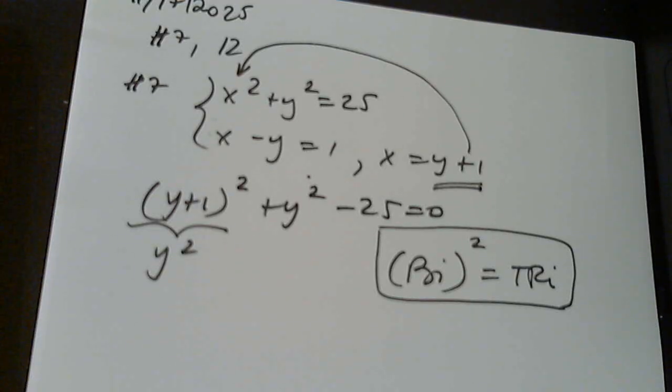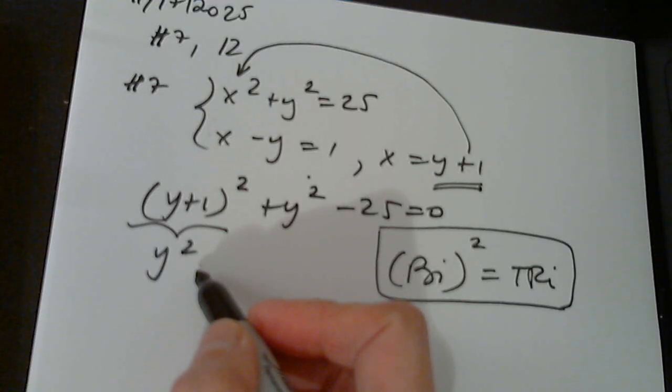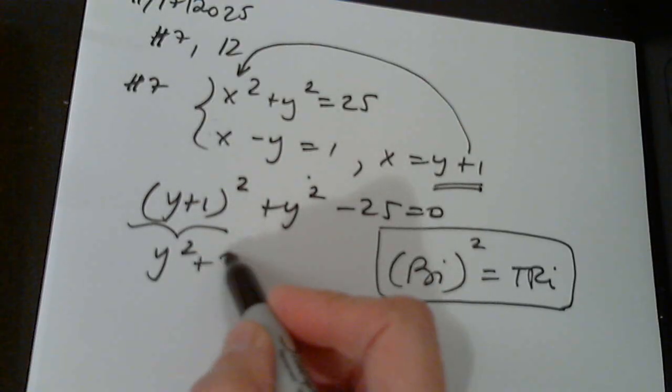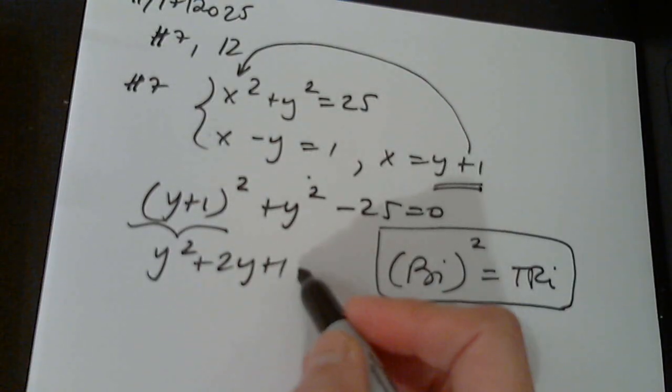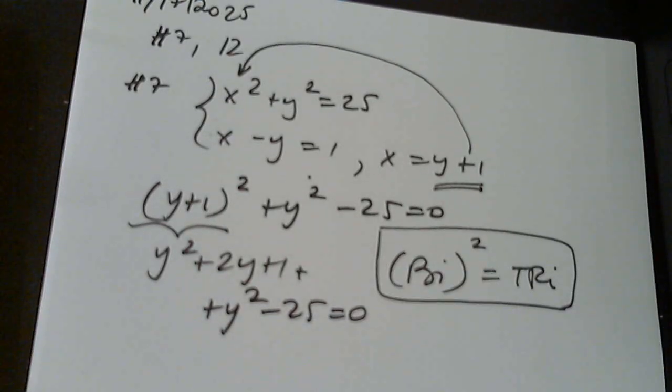Please, anyone? Is it y squared plus 2y plus 1? Very good. So plus y squared minus 25 equals 0.